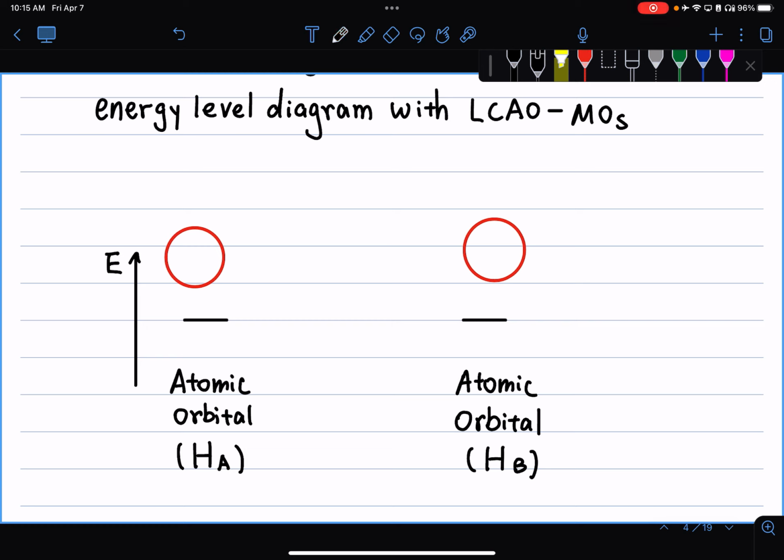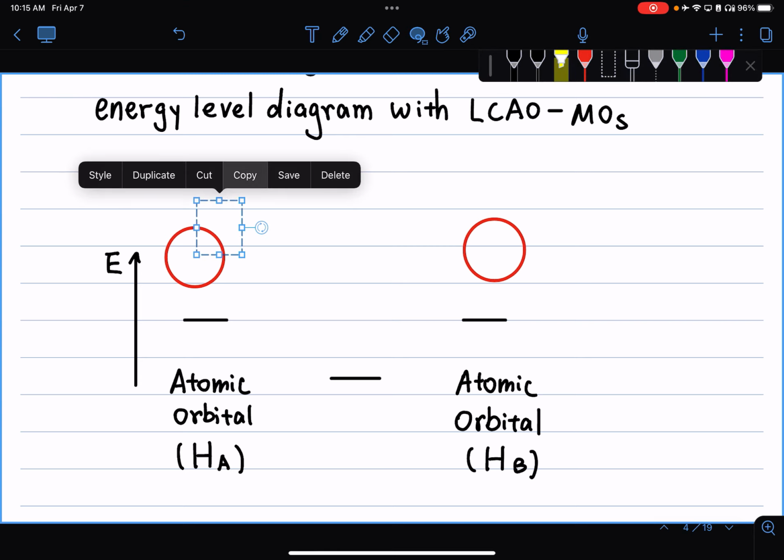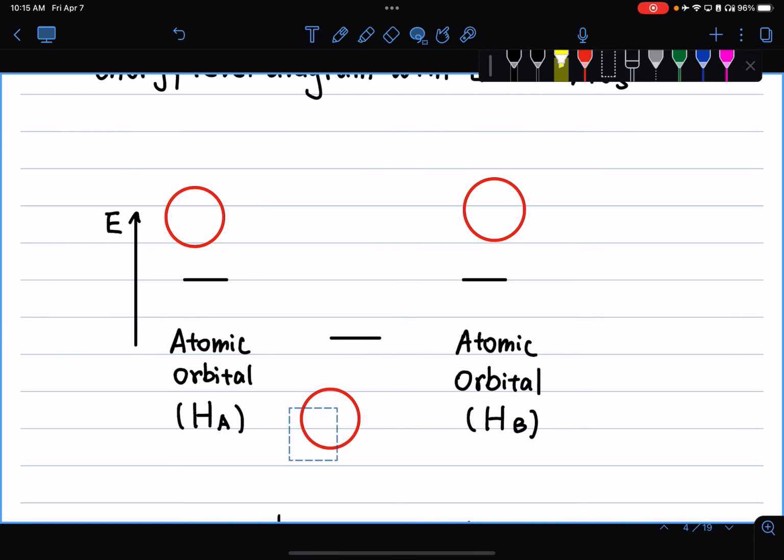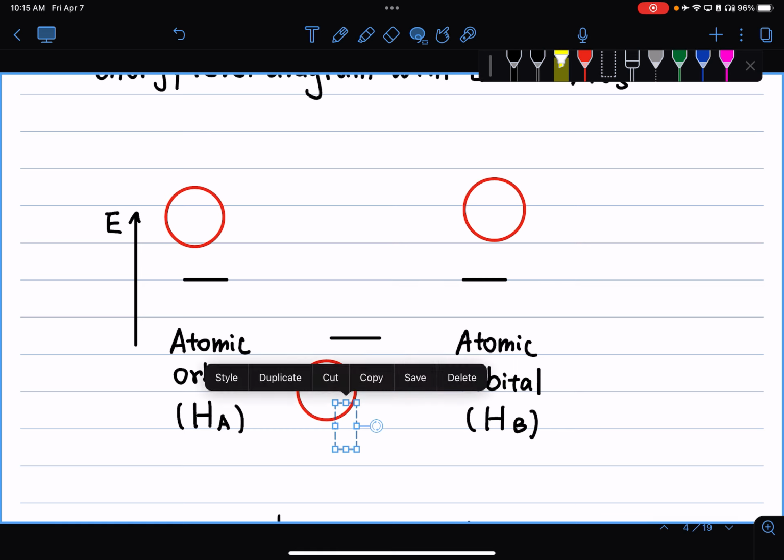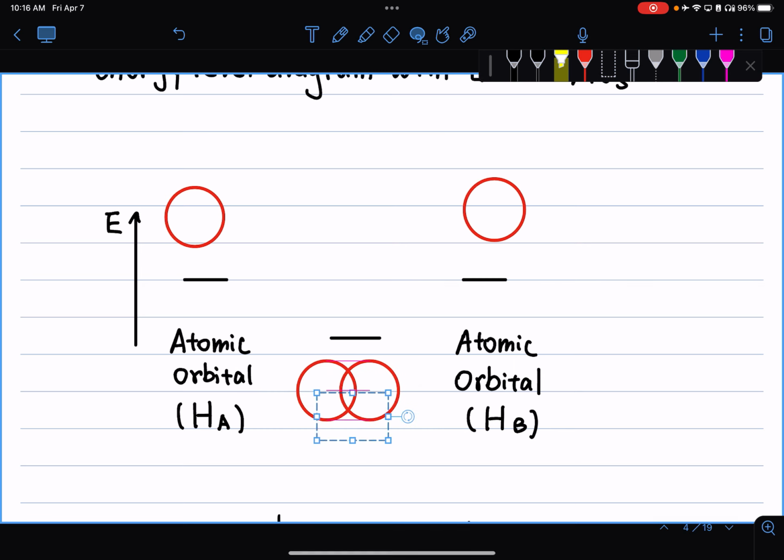But when it starts to form molecular orbitals, if it undergoes a constructive interference, meaning your atomic orbitals are in phase with each other, what we have is a constructive interference or a bonding MO.